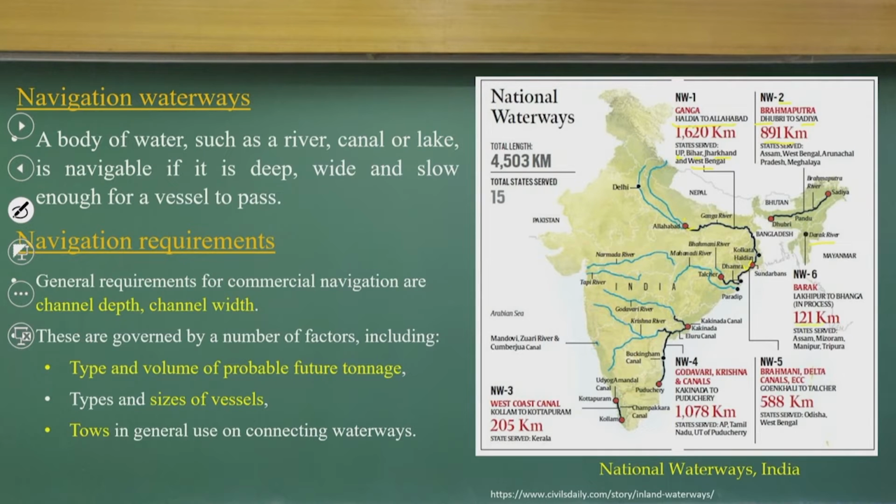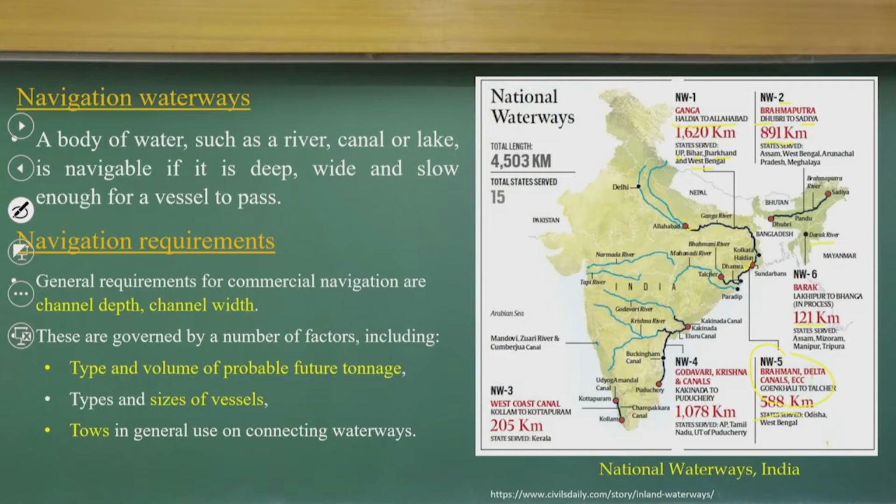We have National Waterway 5, which is the Brahmani project. That is what we demonstrated to you as mathematical modeling of the Brahmani River, which is a part of this National Waterway 5 project, where we have the Brahmani and the deltaic regions. That is National Waterway 5.